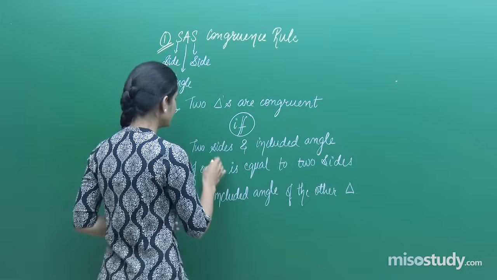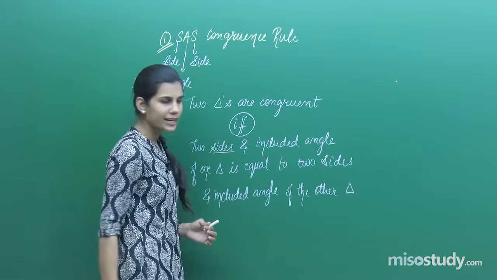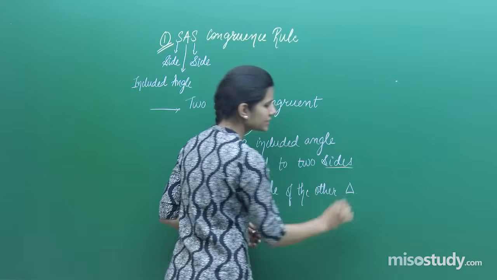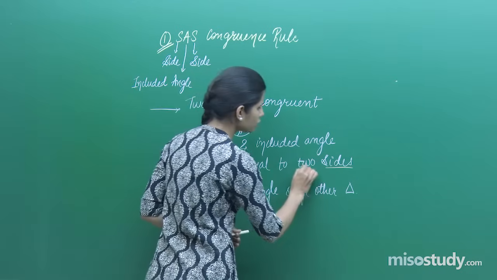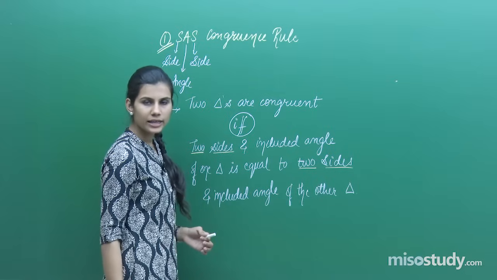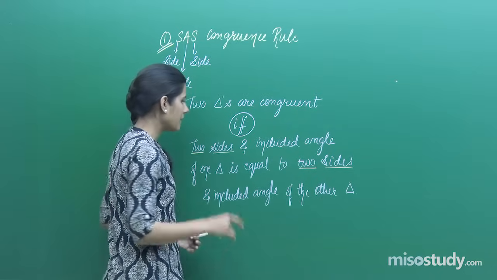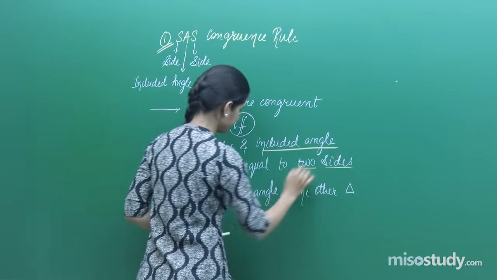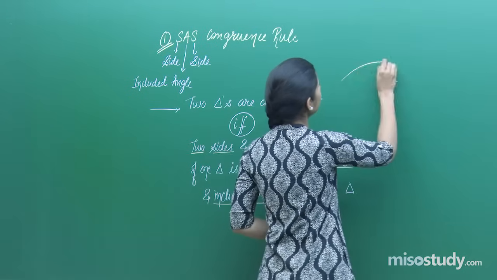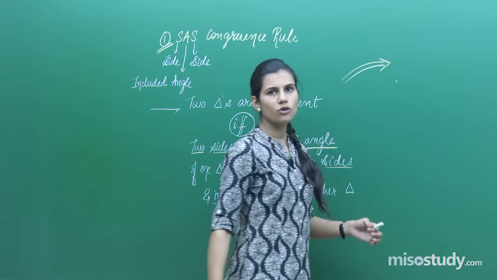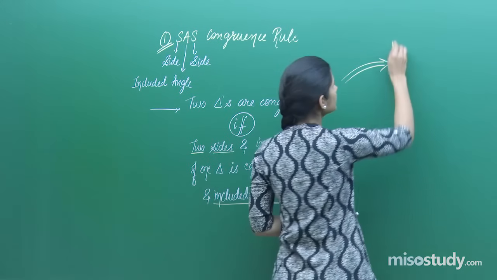So you have to show that one side of one triangle is equal to some corresponding side of the other triangle, another side of one triangle is equal to another side of the other triangle, and the angle between them are also equal. Is it understood?